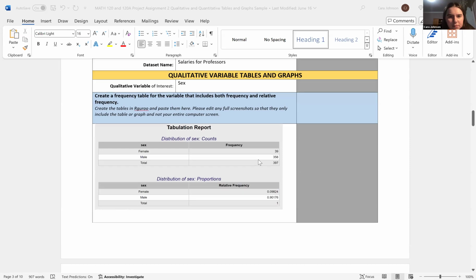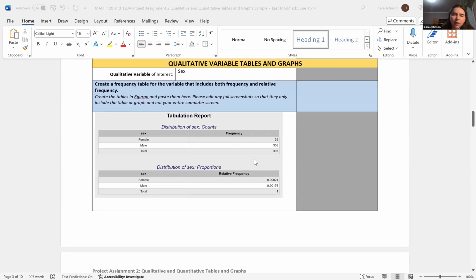Let me go ahead and share this. So I can see here, based on this, I have 39 females out of 397 total people. So remember, the sample proportion is the number of successes out of the number of trials.